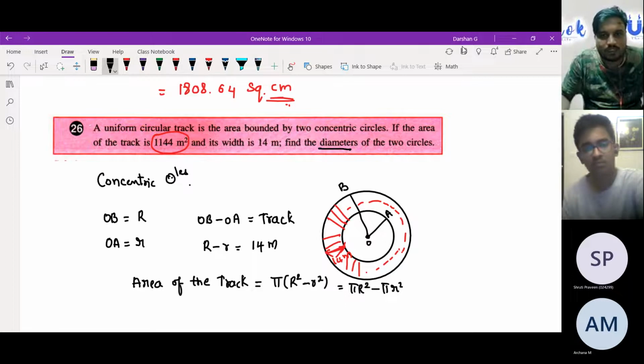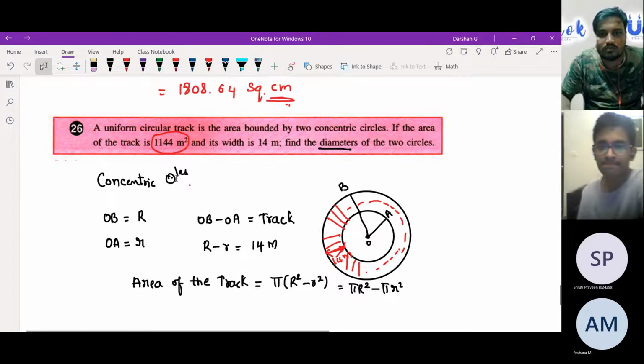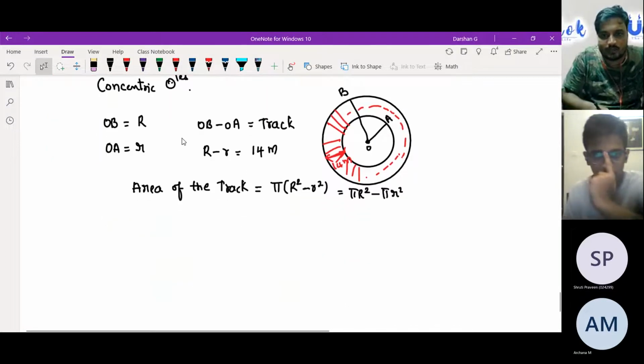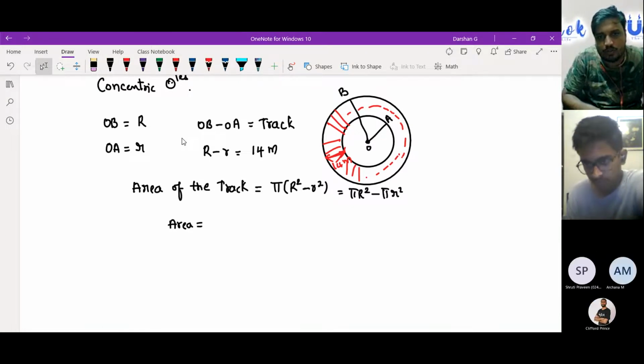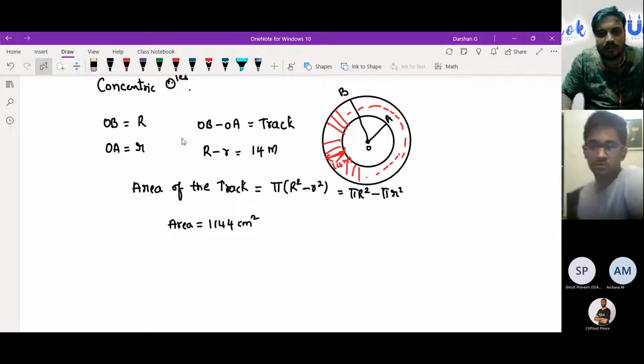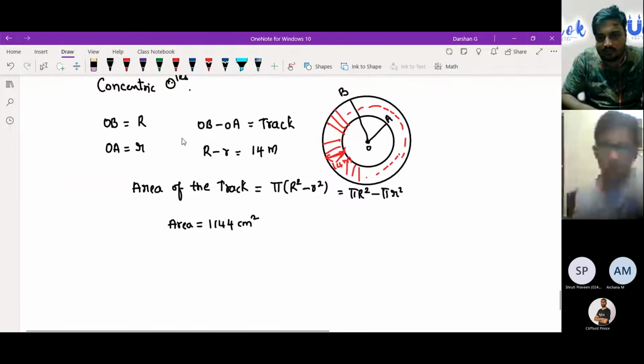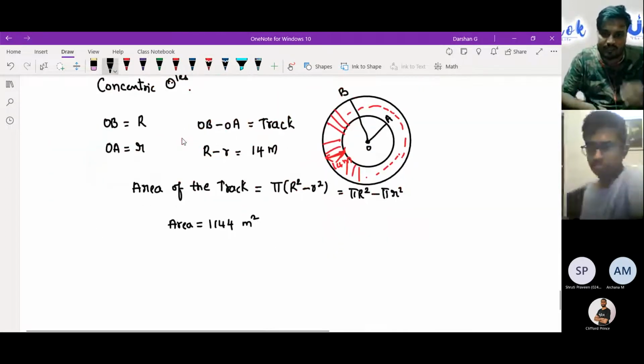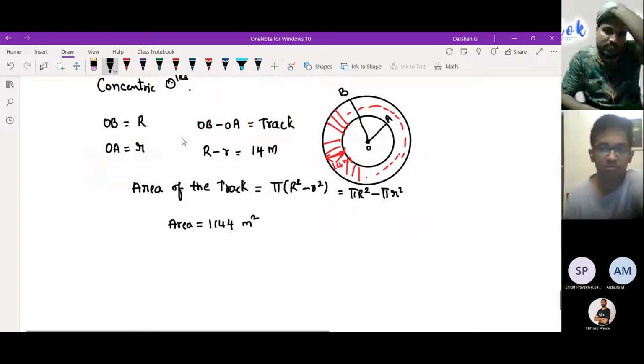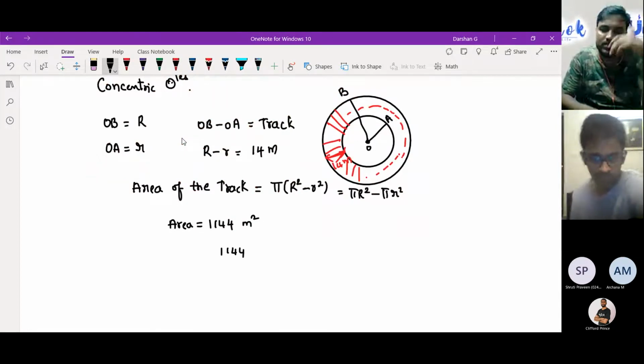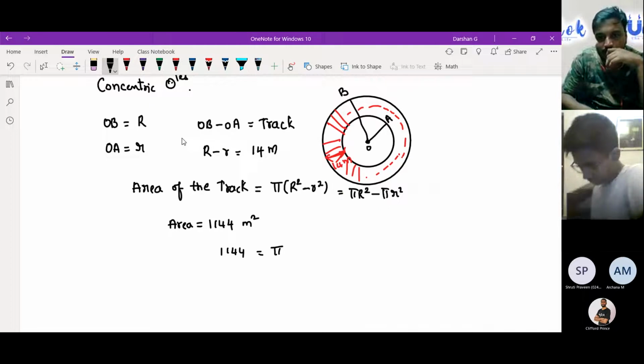Okay, so now let's try to find. So we know the area as well. The area is equal to 1144 meters squared. So 1144 equals pi into R squared minus small r squared.